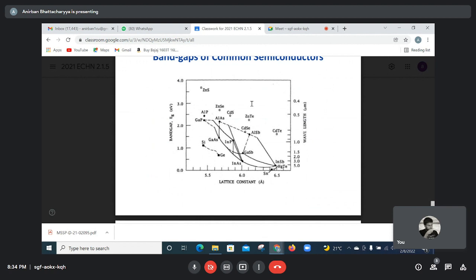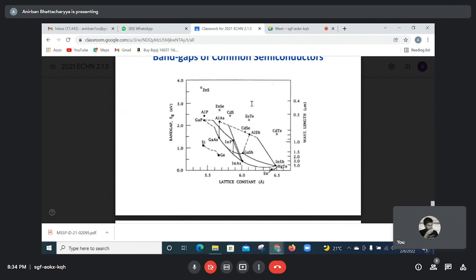You know it from this diagram. What is the y-axis? It's the band gap. For example, if I want 1.5 micrometer light, which is a very important light for communication purposes, can you see the 1.5 on the y-axis on the other side?